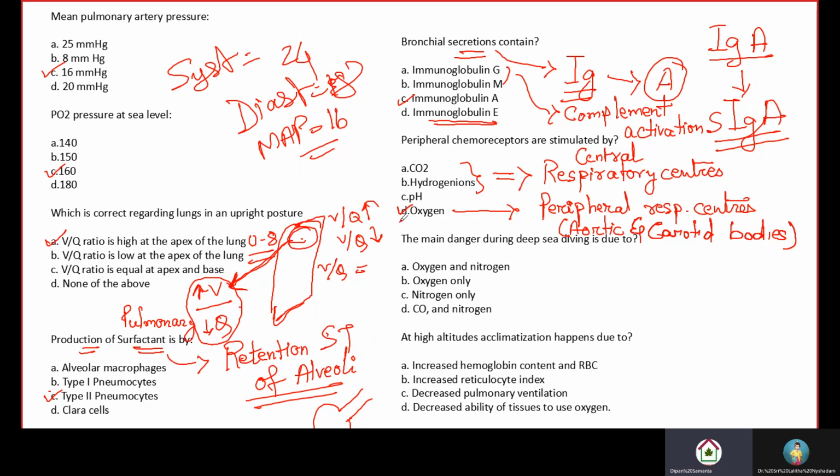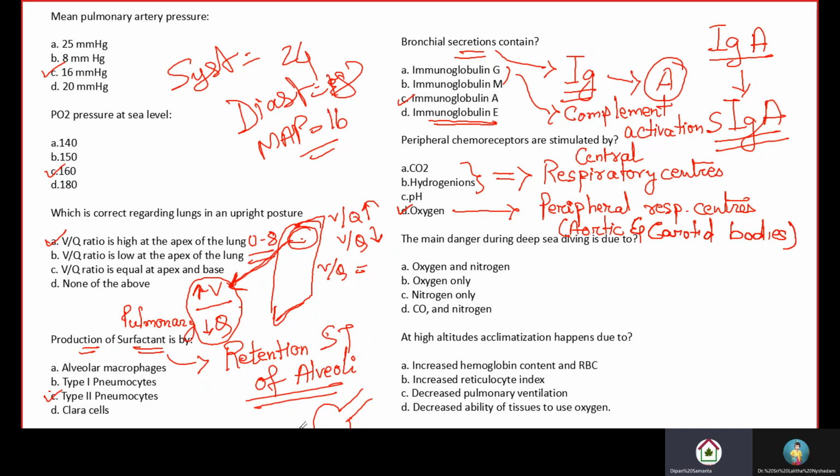The main danger during deep sea diving is due to. Now we will go one by one. Oxygen and nitrogen, that is the answer. We will see the potential problems that are related to deep sea diving.